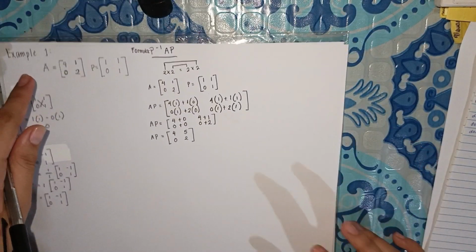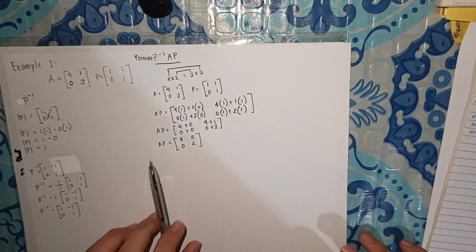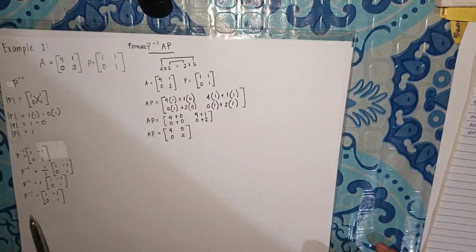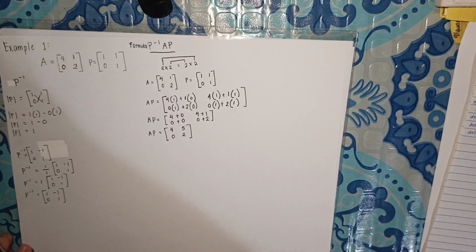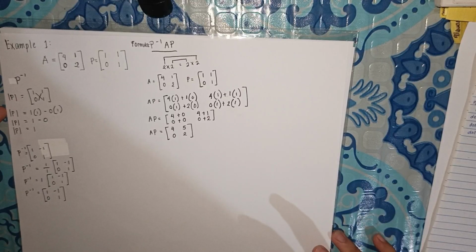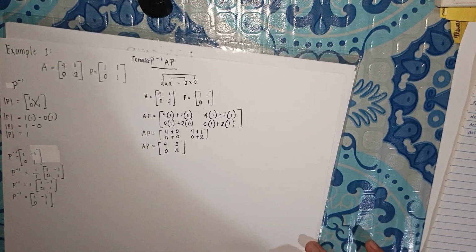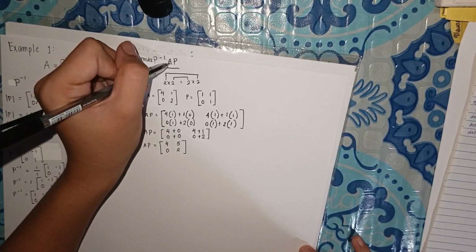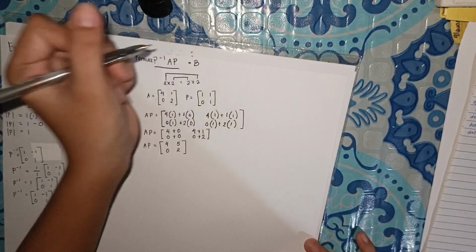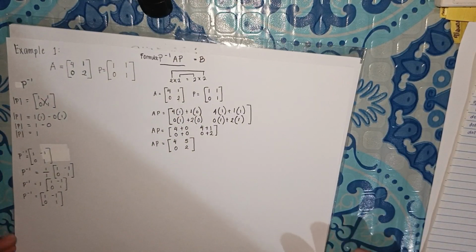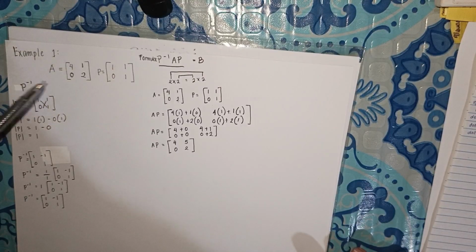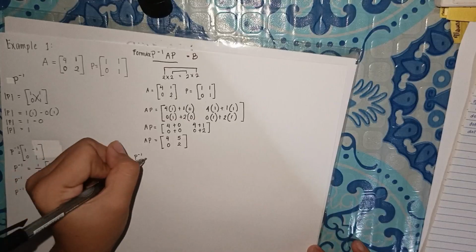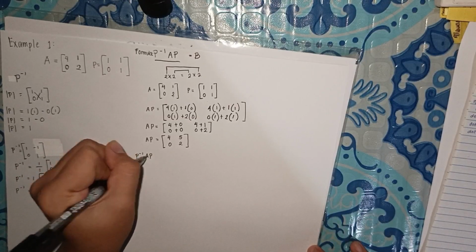So now we have the matrix AP, and we have the inverse matrix of P. So now we can get the new matrix B, because the inverse of matrix P times AP is equal to B, the similar matrix of our A. So, let's multiply the inverse P matrix times the AP matrix.